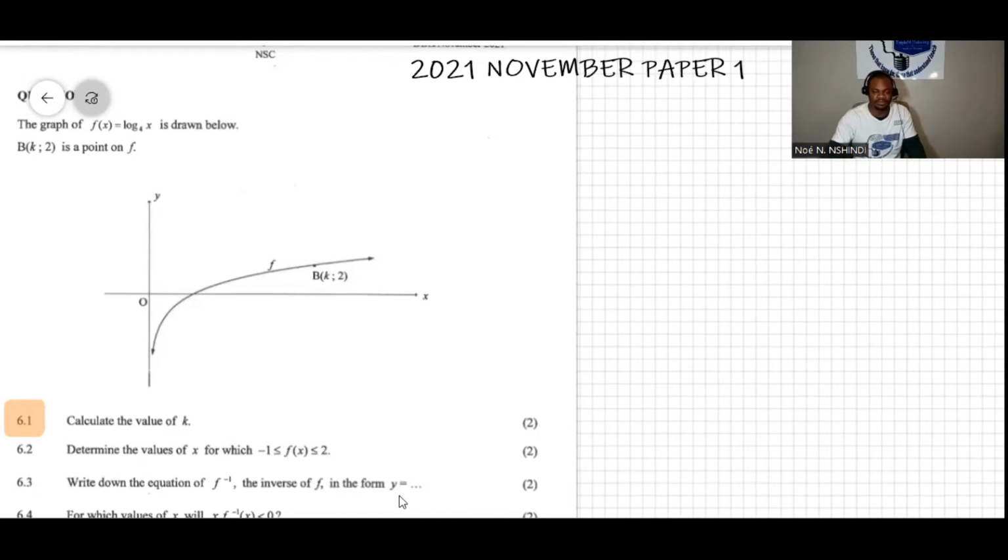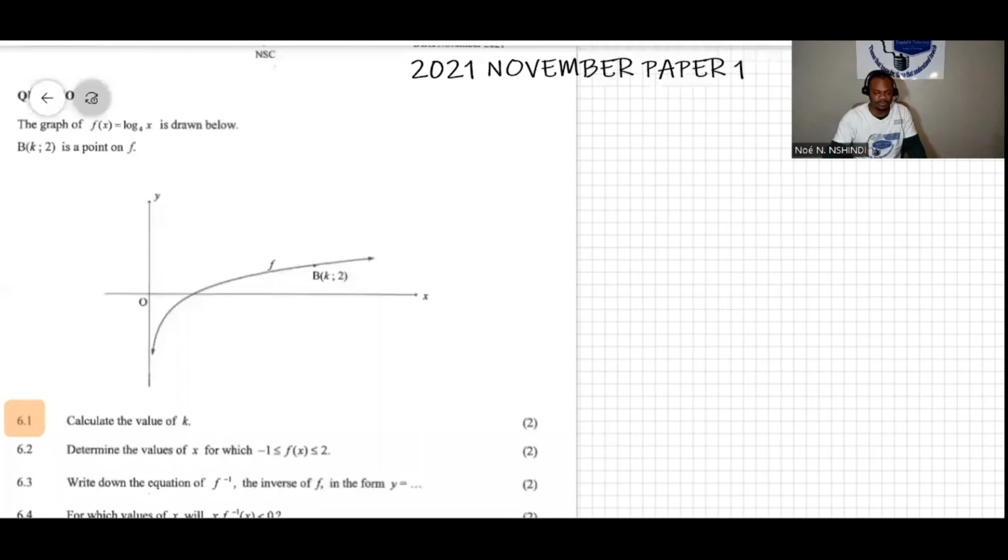So I'm gonna write here 6.1. So we're looking for the value of k, and we know that f is the equation y equal to log of x base 4.